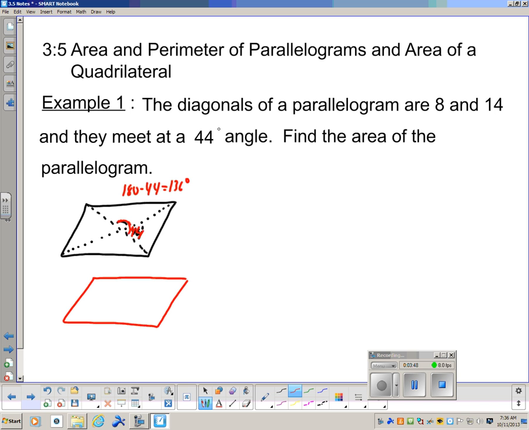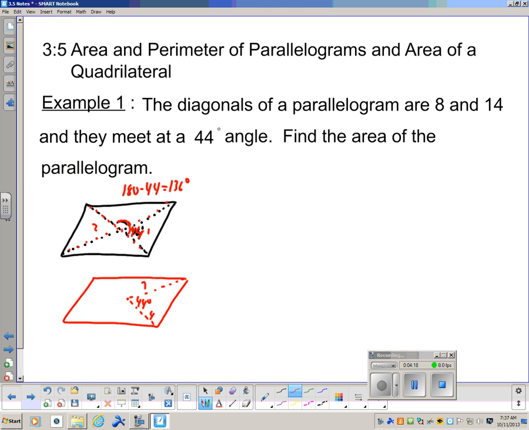So we've got a nice triangle in here. So if you can find the area of this triangle, it's going to be the same as the one over here. So this is 44 degrees. And these diagonals here, it says there that shorter one there is 8. So if I split in 2 there, this is going to be 4. And then this here is 14 in length. So splitting that one in half, that gives me 7.